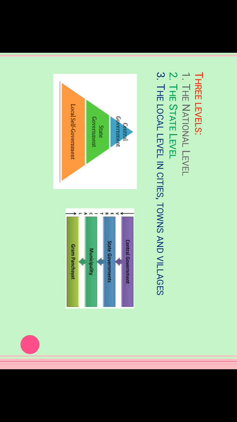Second type of government is state government. It is the next level of government. State government takes many decisions, and it performs many functions to meet the requirements of the people of a particular state.